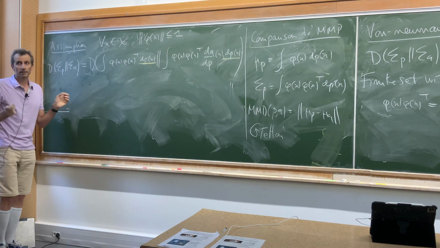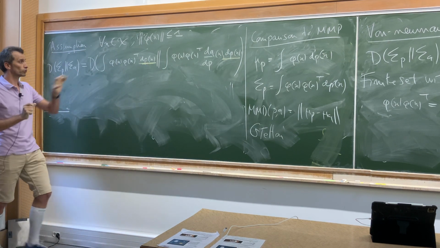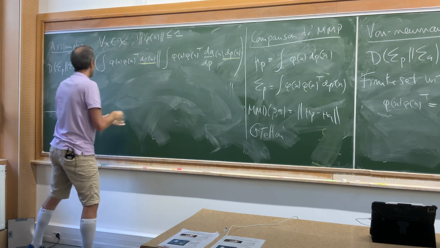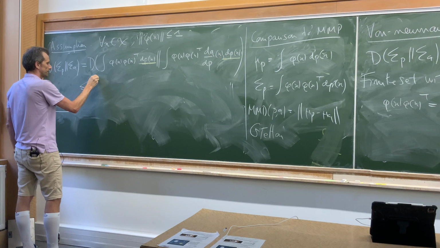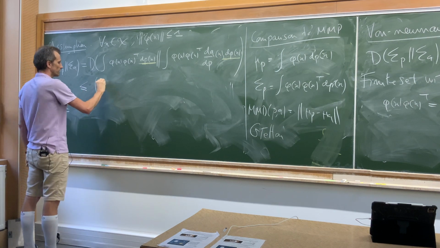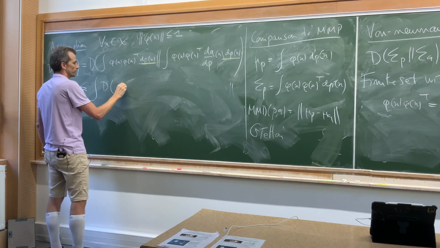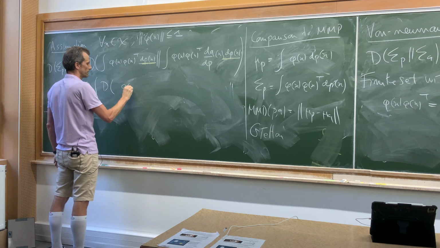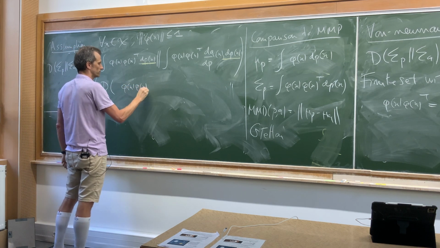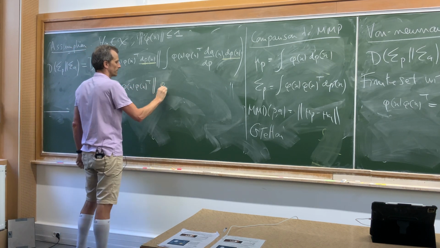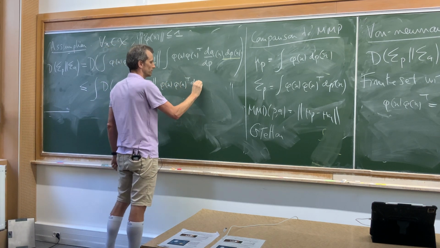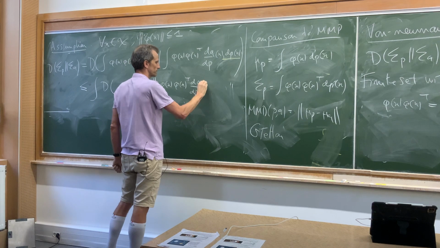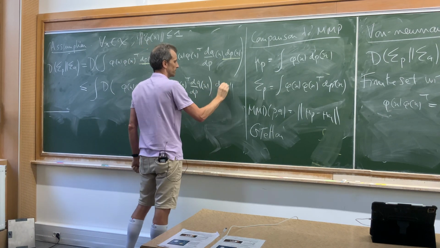My function d is jointly convex with respect to the two arguments, so by Jensen's inequality it is less than the integral over dp of d of the elements there: phi of x phi of x transpose, and phi of x phi of x transpose times dq over dp of x.